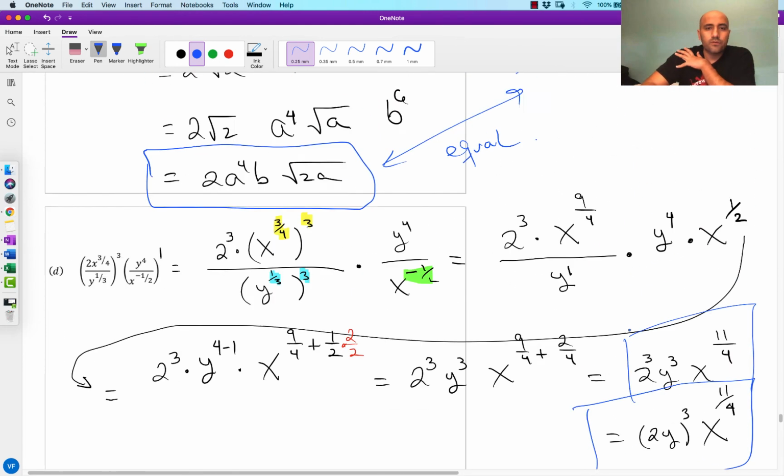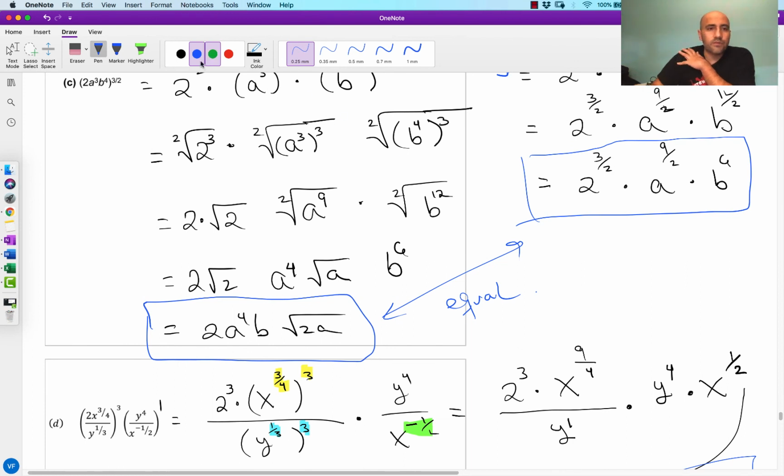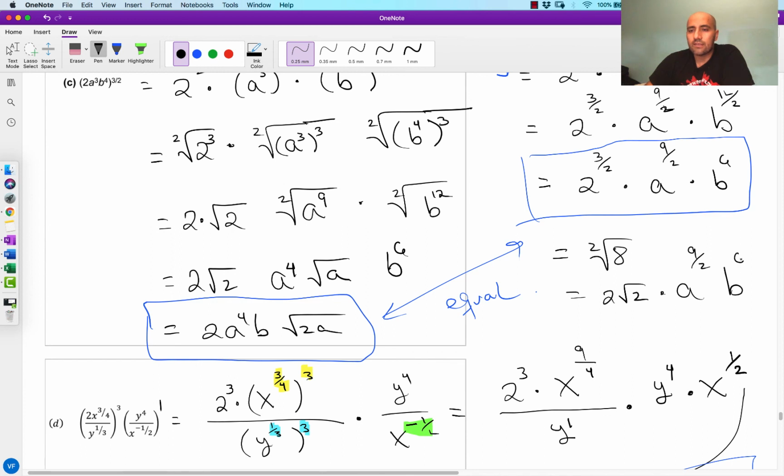9 over 2. Oh. So the author for this one did something very similar, except maybe just rewrote this as the square root of 8, which then simplifies to pulling out a 4, so that's going to be equal to 2 square root of 2, times a to the 9 over 2, b to the 6th power.